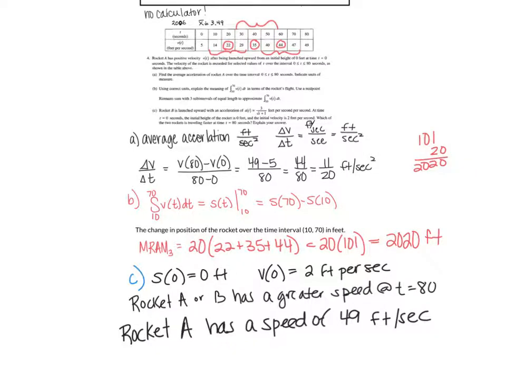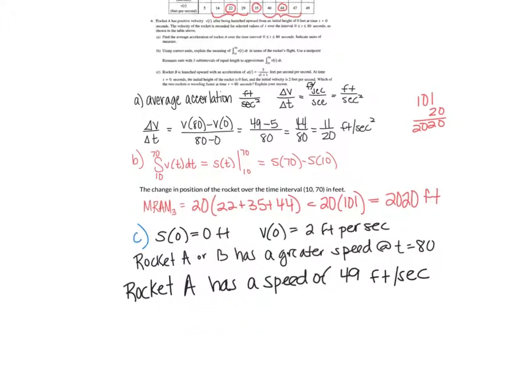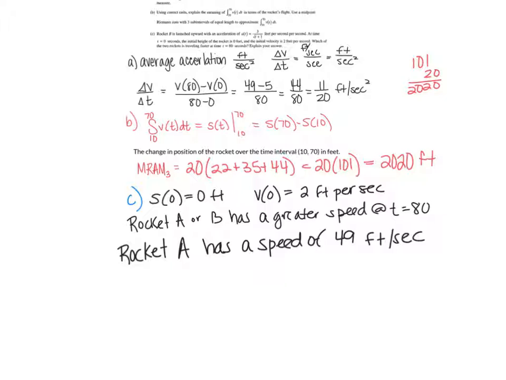We're given the acceleration of rocket B. So to find the velocity, which remember, velocity is speed, we just have to know that it's giving direction as well. It could be negative. So because the velocity is the antiderivative of acceleration, to find the velocity of rocket B, we're going to take the integral of the acceleration function.